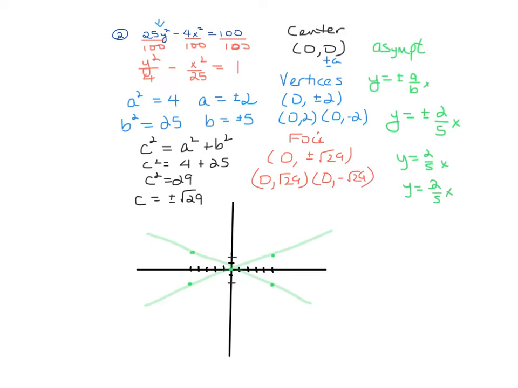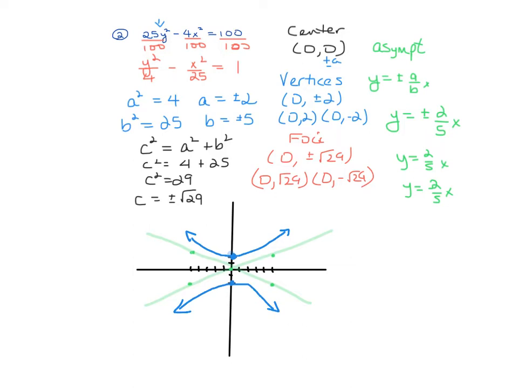All right, next let's get the vertices on here. So my vertices are occurring at 0, 2 and 0, -2. So I'll put them right here on the y-axis, because again, remember the y squared was first. So remember your hyperbola is going to cross the y-axis. Last thing I need to include is the focus.